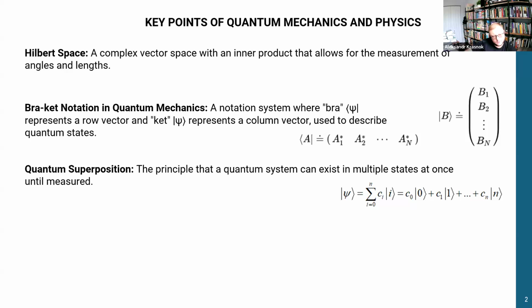In general, this state vector can be arbitrary, and we can decompose it by its projection on the basis vectors. The basis vectors in this bracket notation we denote like 0, 1, and so on, up to n, where n is the dimensionality of this space. It's just like any decomposition of any vector in our ordinary three-dimensional Euclidean space.